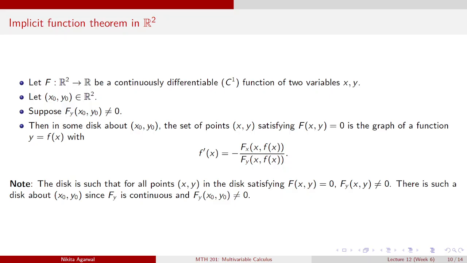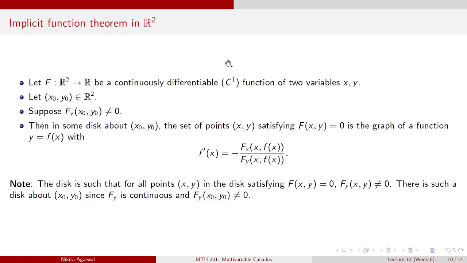So a continuous function, if it's non-zero at a point, then in some disk around that point, it remains non-zero. So this will be a homework part of the problem set. We have seen such a result in one variable, but that also holds true in more than one variable.